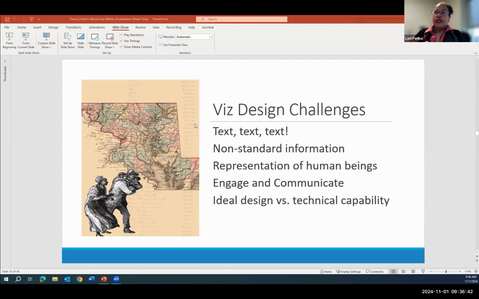The first challenge that we had is that, as you saw before, most of these documents are text, and a lot of visualizations, whether they're static or interactive, depend on numbers. So part of the challenge was trying to find ways to take that information and put it into quantifiable elements that could then be displayed on a dashboard.